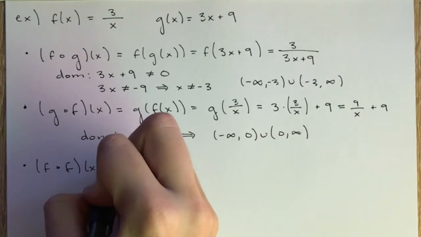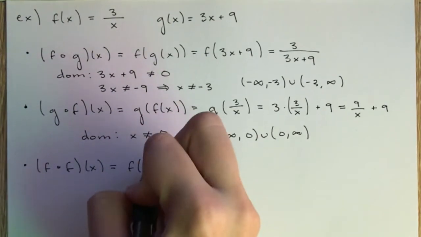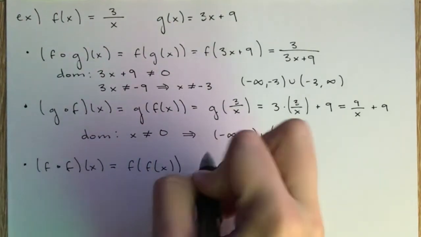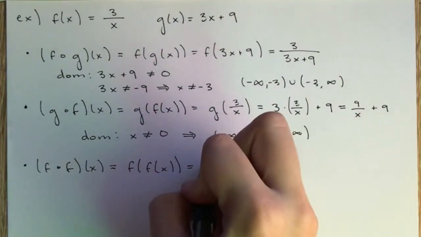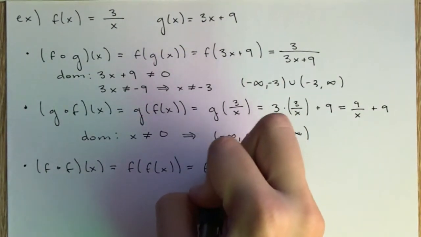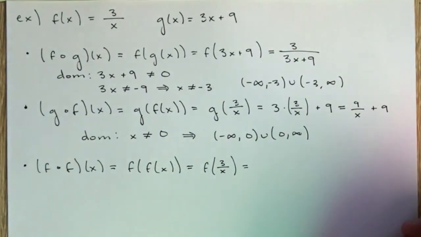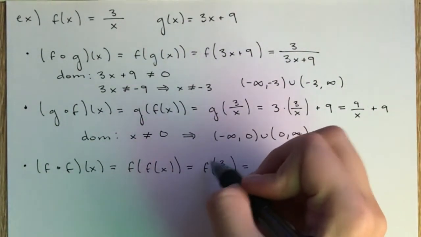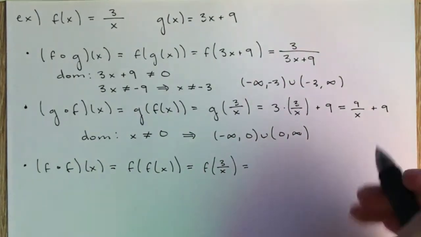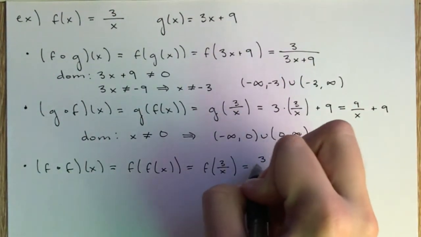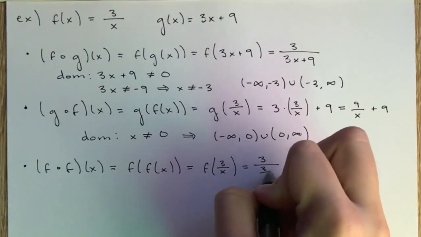All right, f of f of x. f of x is 3 over x. So then f of 3 over x is going to be 3 over 3 over x.